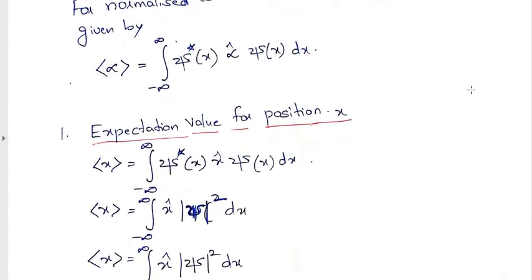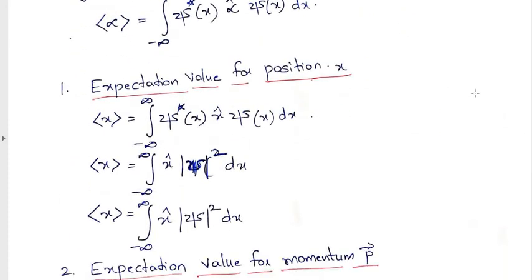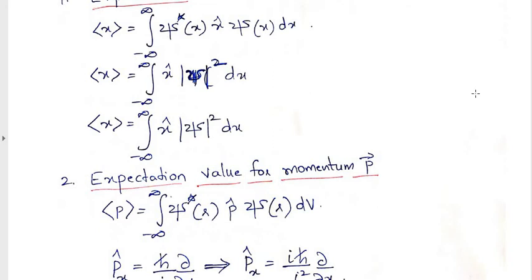So the expectation value for position x: the expectation value of x is equal to the integration of psi star x, x cap, which is the operator of the dimension x, into psi of x dx between the limits of integration minus infinity and plus infinity. So the expectation value of x is equal to the integration of x cap mod psi square dx between minus infinity and plus infinity.